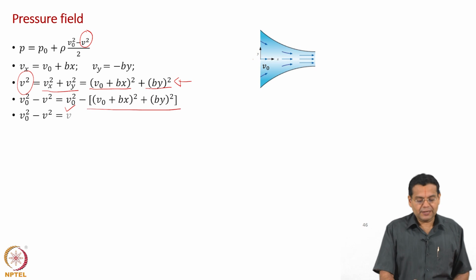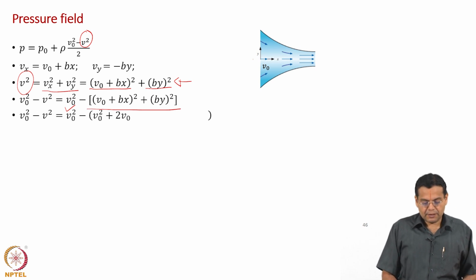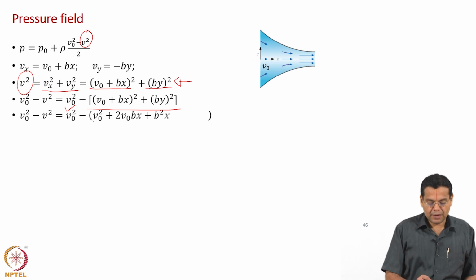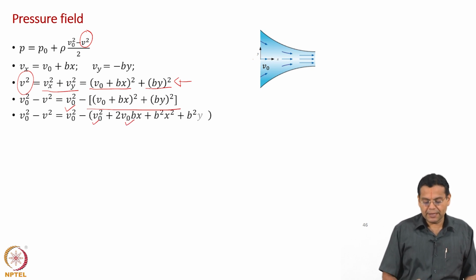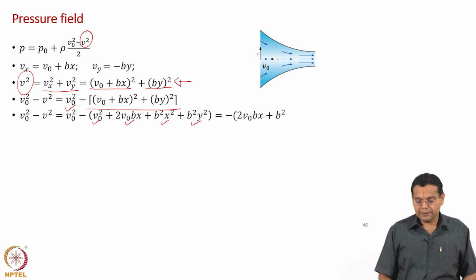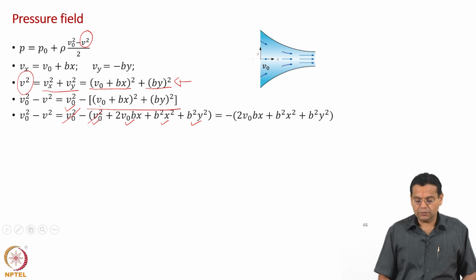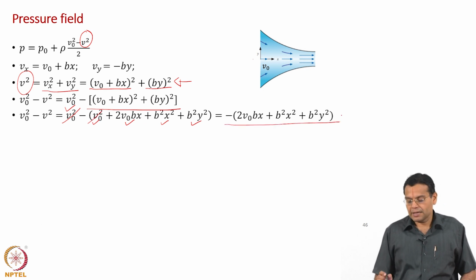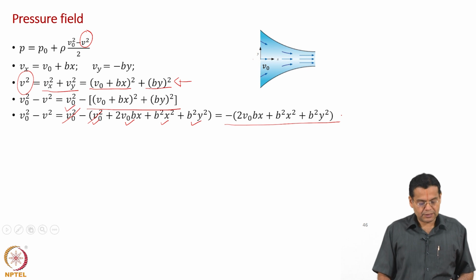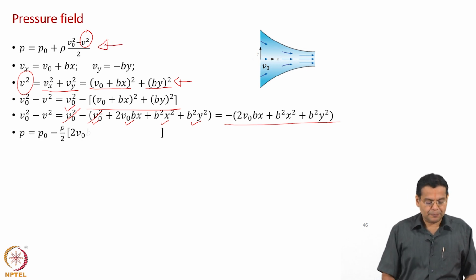So, let us simplify that. Let us expand the square term. So, we have V naught squared, 2 V naught B x, B squared x squared, and then B squared y squared, and this V naught squared cancels out, and what we have are these terms. So, now let us substitute back here. Okay. So, P is equal to P naught, then of course, you have minus here.